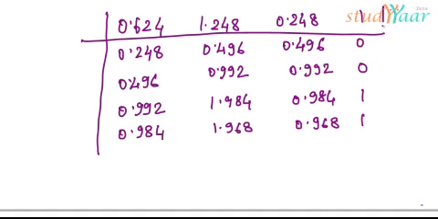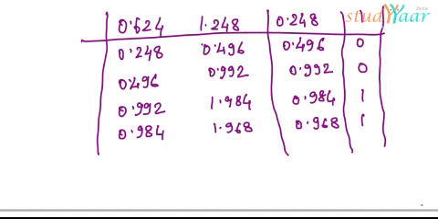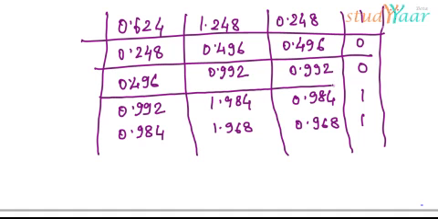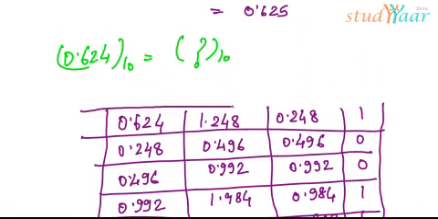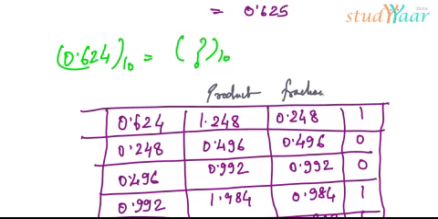Let me create a table out of it. So this is my table: this is the product, this is the fractional part, this is the integral part.